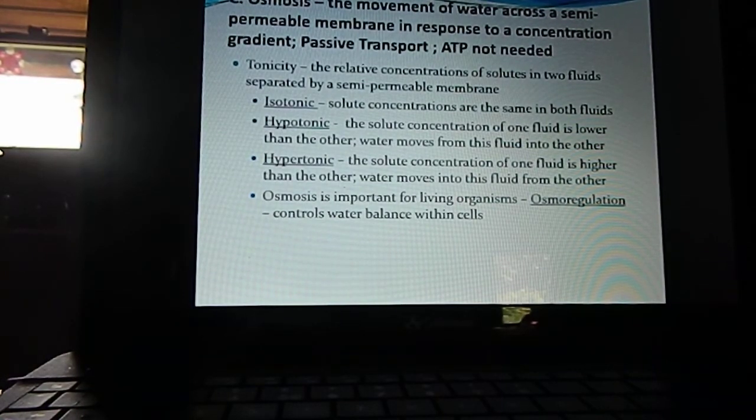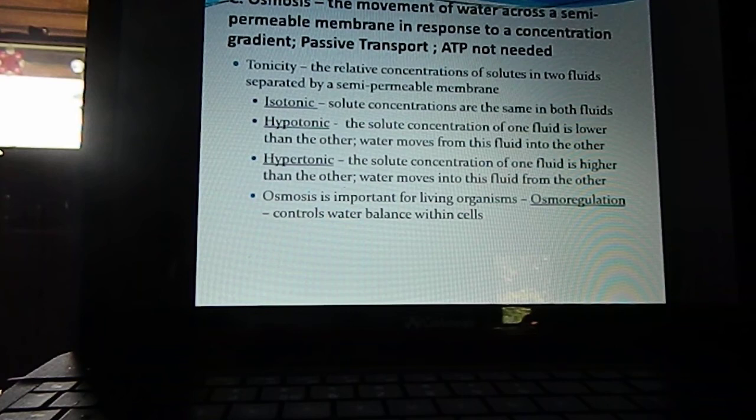So the one that has the higher concentration of salt, in this case the red blood cell with 10%, is hypertonic. Sorry. The plasma, which has the least amount of solute, and therefore is the hypotonic solution, right?